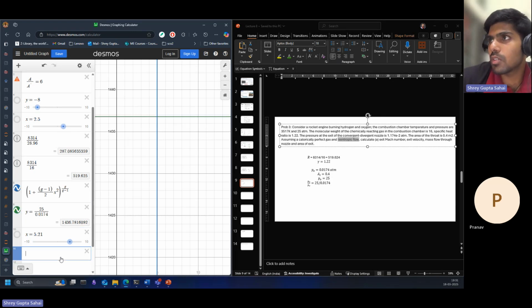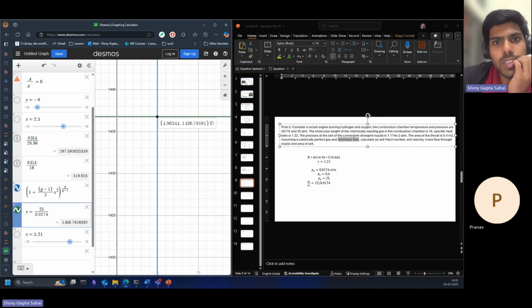So from this Desmos one, I'm getting Mach number of 4.96, which is actually very far from what the other value is. How much should it be? 0.114? Right, that's right.